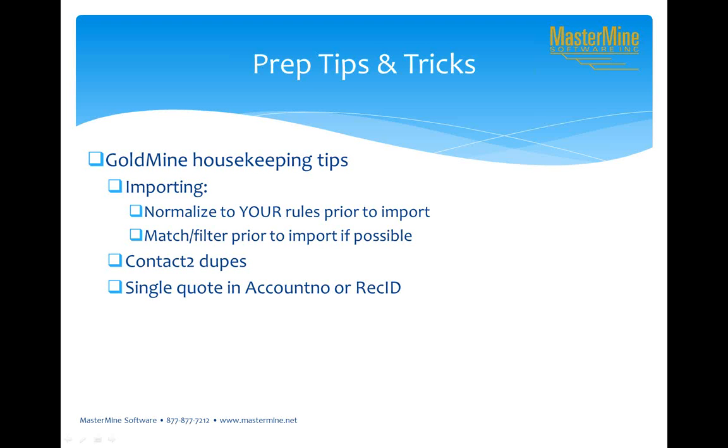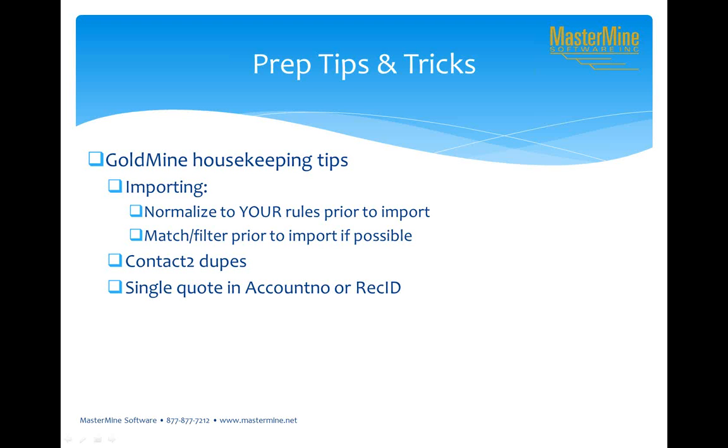Contact to duplications. There is a built-in template for finding duplications in the contact to table. That is an issue you may or may not be aware of in GoldMine data, but CRM data generally, if you've got a one-to-one kind of subsidiary record, as GoldMine has. You need to have in GoldMine, according to the housekeeping rules, theoretically, exactly one contact to record for every contact one record. This is a little bit technical for you, just bear with me for a moment.